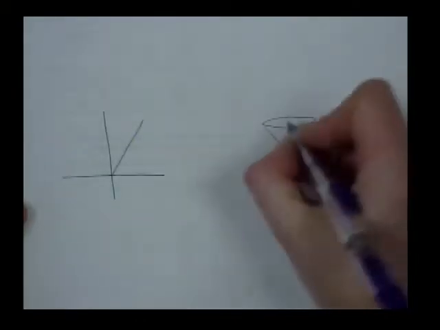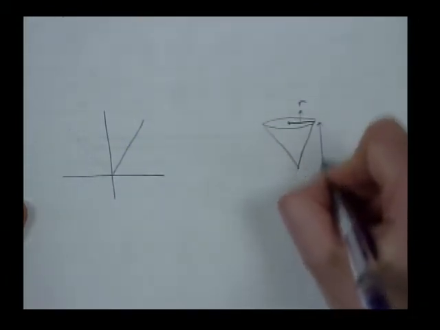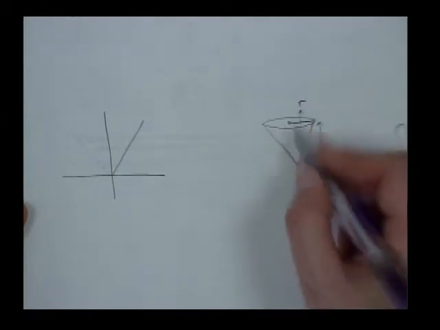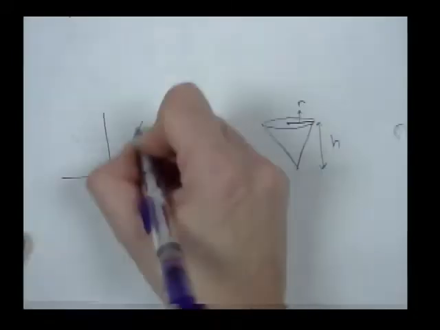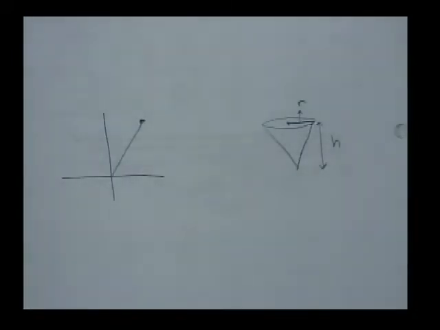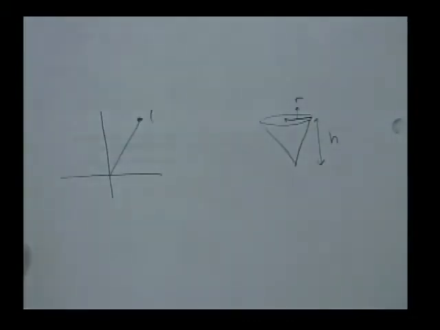And the radius of the cone is the radius of the circular portion at the top. And the height is just from its apex to the top. So using that idea, what would this point be? What would the x-coordinate be?